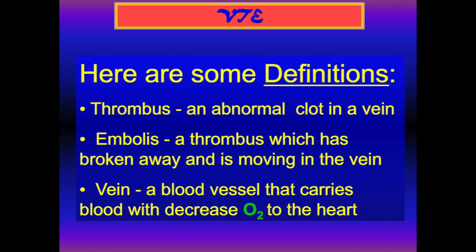A thrombus is an abnormal clot in a vein. An embolus is a clot that is moving. It's in a vein, it's broken away, and it's moving along in the circulation. Remember that a vein carries deoxygenated blood to the heart. It's the low pressure side of the system.